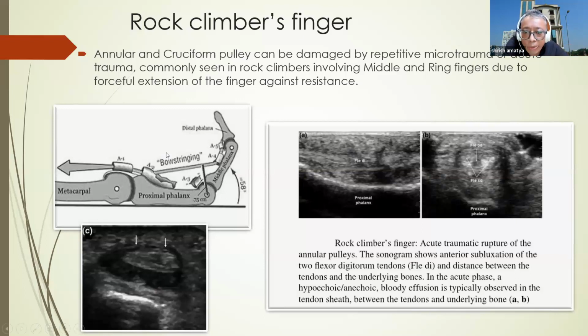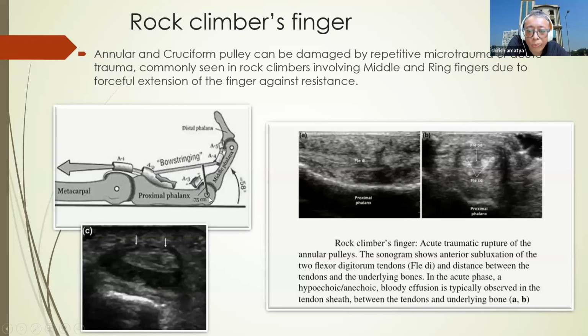And you can see the picture of the rupture of the pulley. In the left upper side of the picture, you can see rupture of the A2 pulley as well as the cruciform pulley and A3 pulley. If this pulley is ruptured, then the integrity of the flexor tendon is lost, so there will be bowstringing or bowing of the tendon when the finger is flexed.